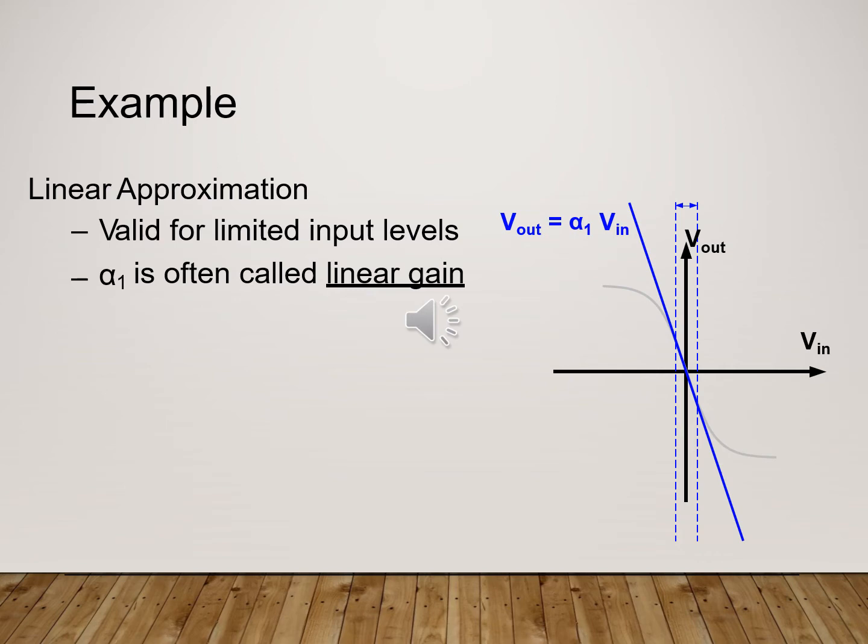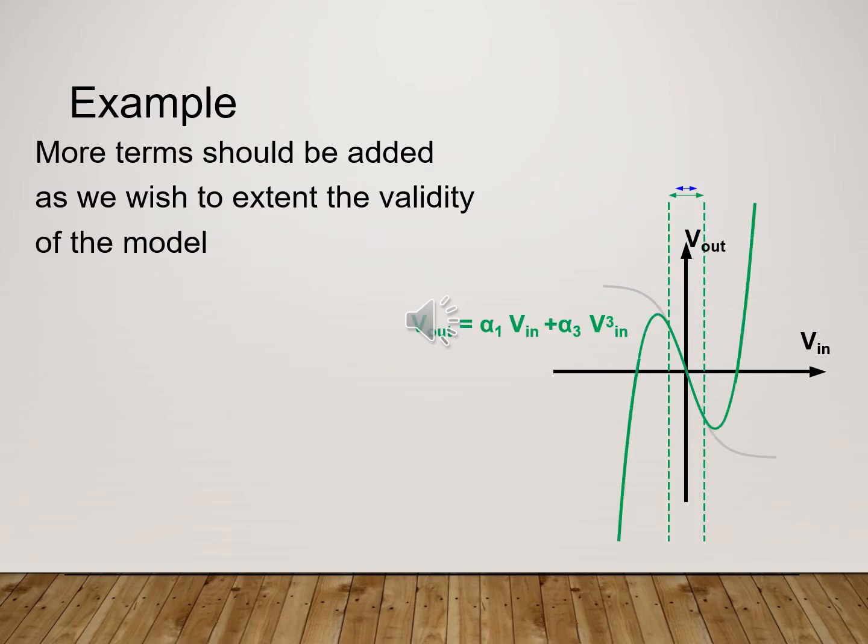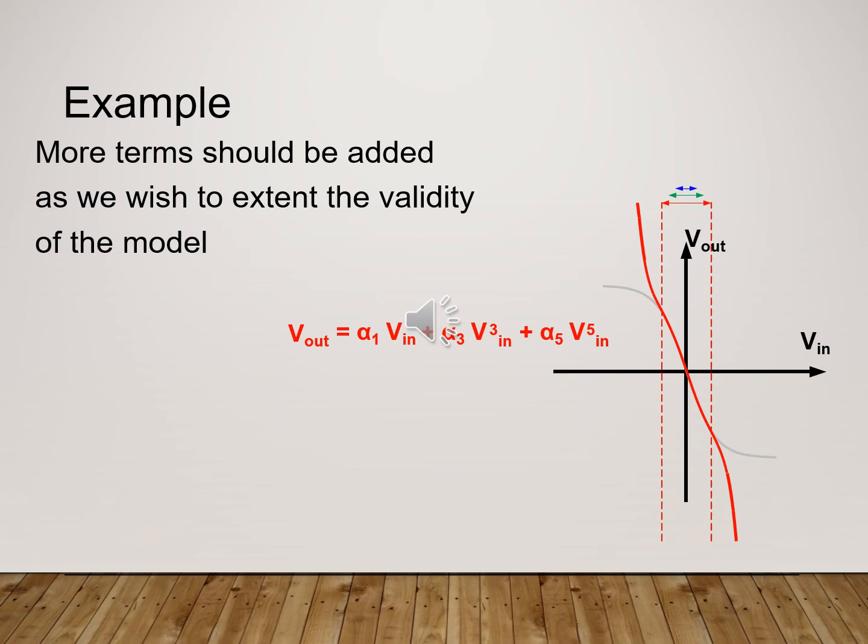But if we increase to large-scale V inputs, we will have some trouble, so we will model it. Now in this slide, more terms should be added as we wish to extend the validity of the model, as you see in the figure. Here we added more terms to extend the validity of the model, so now the validity of the model is more acceptable than the first linear one.